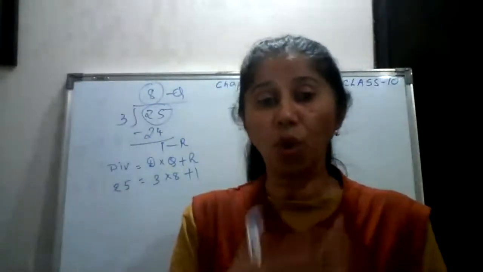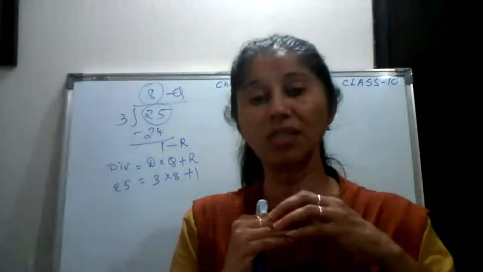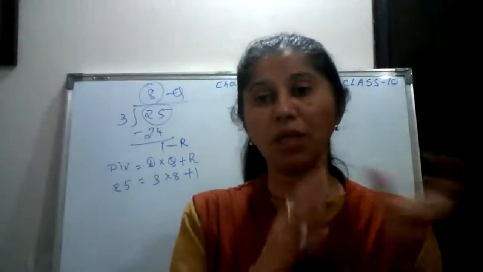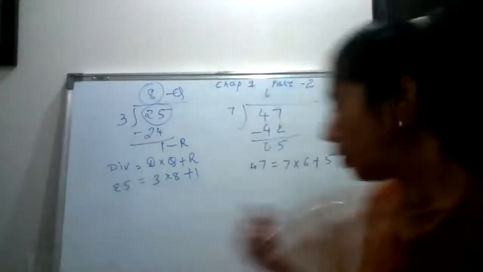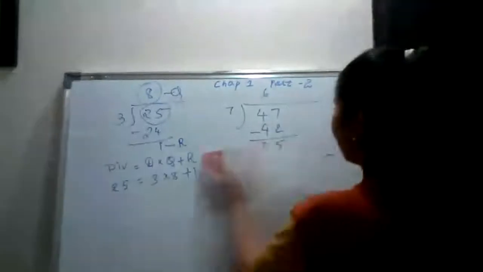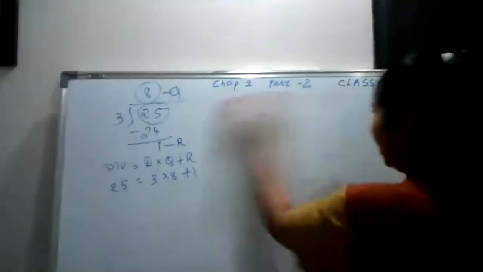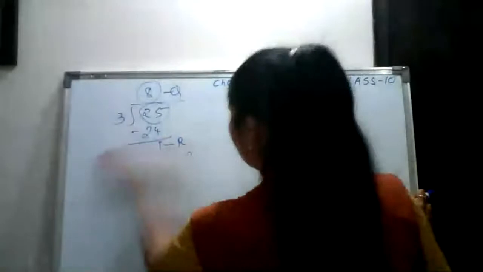In lower classes generally you learn many things, but the concept we learn from here. What do you call this concept? It is derived by Euclid, and it is known as Euclid's division lemma.